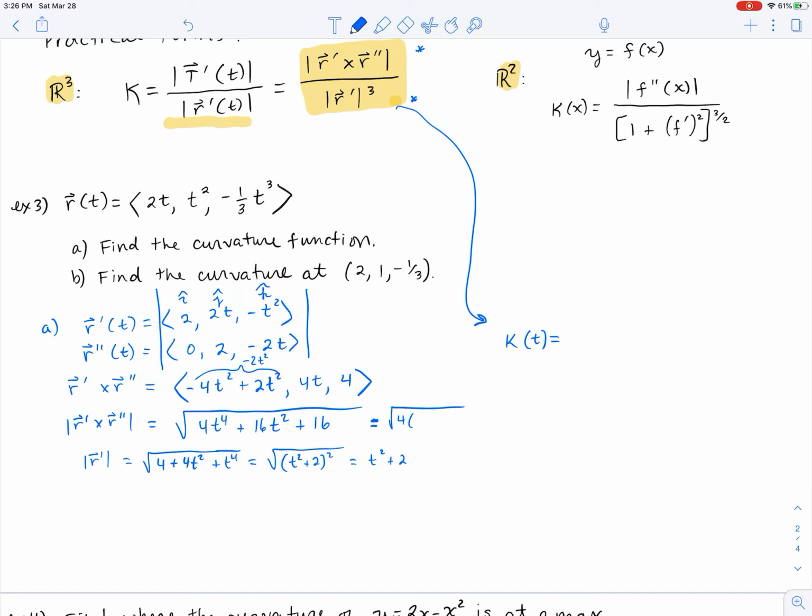If we take the 4 out, then we're going to have t to the fourth plus 4t squared plus 4, and this right here is t plus 2 squared. So I'm going to get 2 times t plus 2 in my numerator, and then t squared plus 2 in the denominator.